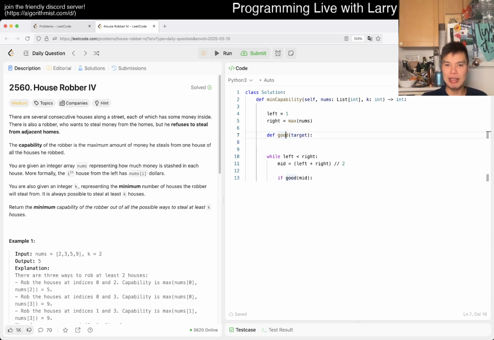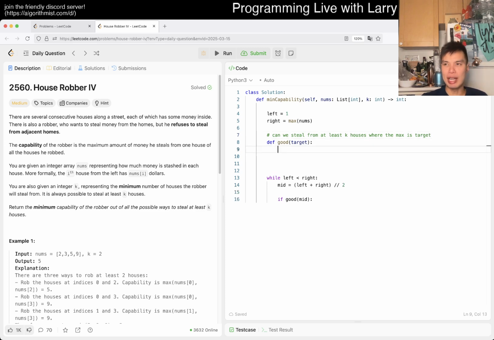For this good function, I want to write: can we steal from at least K houses, where the capability, which is the max really, is the target, right? And that's it.